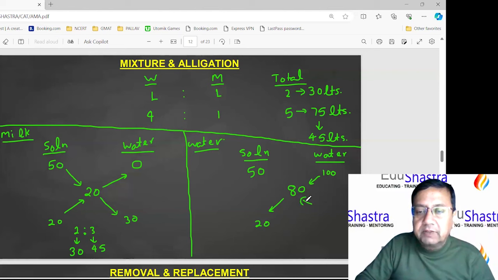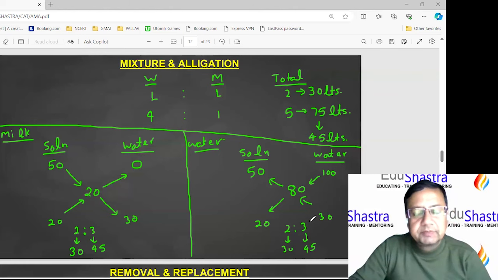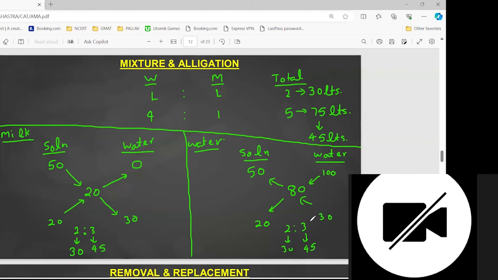From the average, subtract the smaller number. So this is 30. Ratio is coming out to be 2:3. 2 part is how much? 30 liter. So 3 part is how much? 45. Got this? Sir, can we take milk in the place of water?